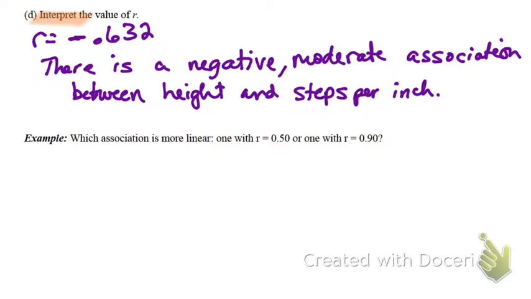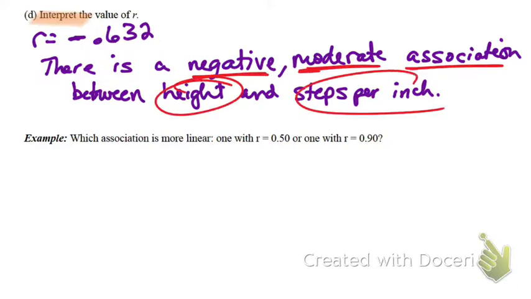I literally just said what R stands for. Steps per inch, isn't that what it was? That's a really great question. Cole says, why are we putting units in there when there's no units? I am telling people that there is a negative moderate association between the two variables.